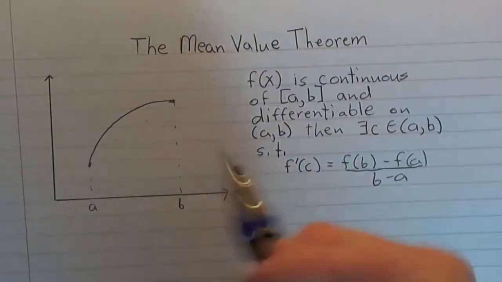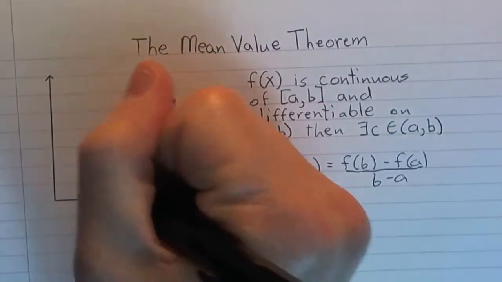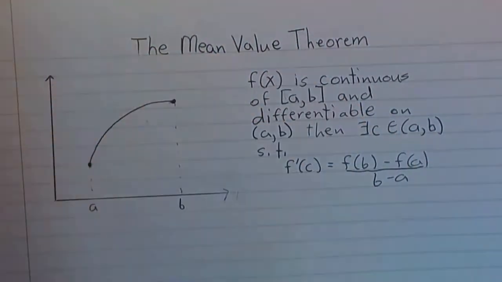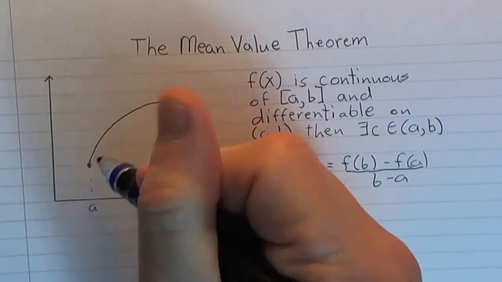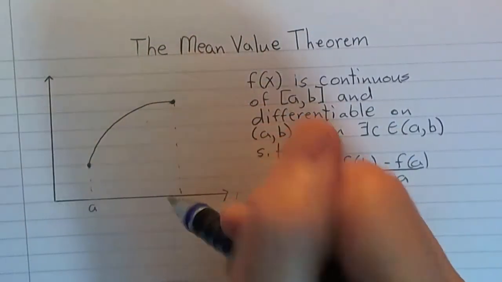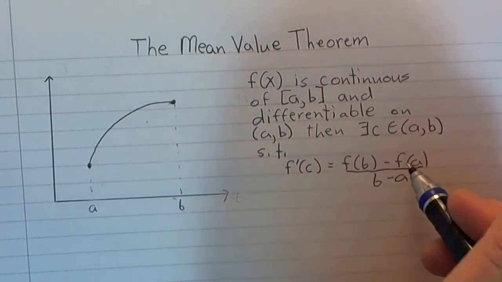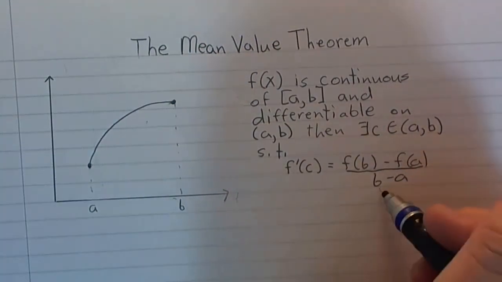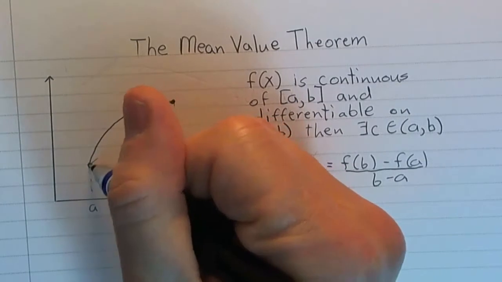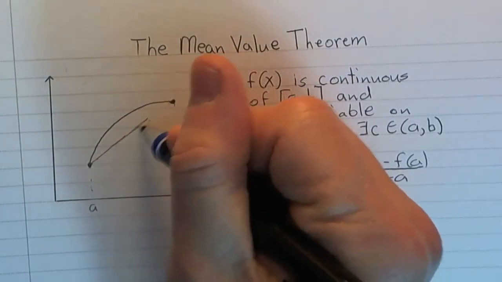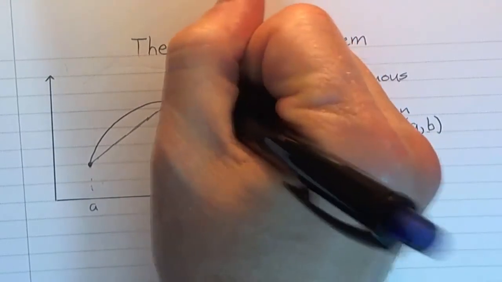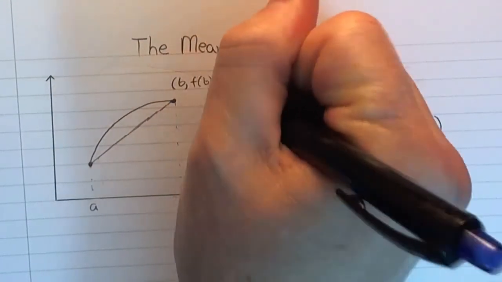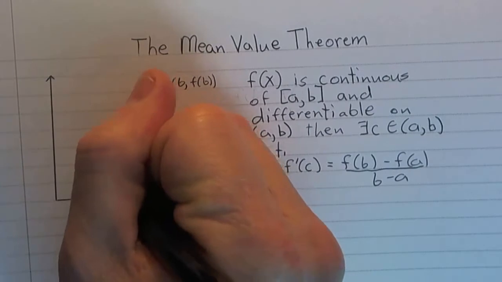Well, I'm going to illustrate with a picture here, and then to kind of help you see it with an application. But if you think about this, here's a and here's b. If I draw a line here, that line, and I've got this point up here, b, f of b, and down here I've got a, f of a.